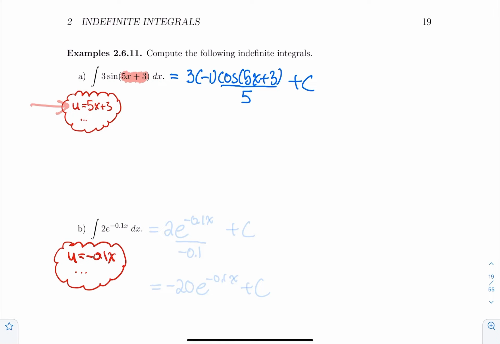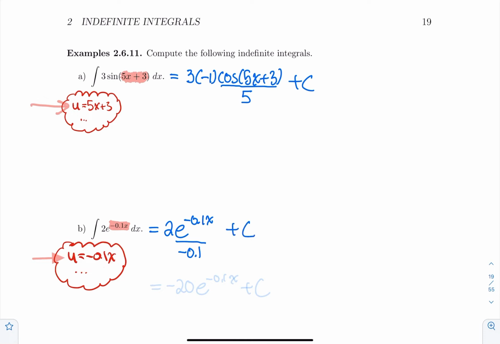Next example, I have 2 e to the power of minus 0.1x. So the exponent of the exponential function is linear. So here we go. Because the integral of e^x is e^x, the integral of e to the power minus 0.1x is going to be e to the power minus 0.1x again, but now you just need to divide by the slope, which is minus 0.1, plus c.